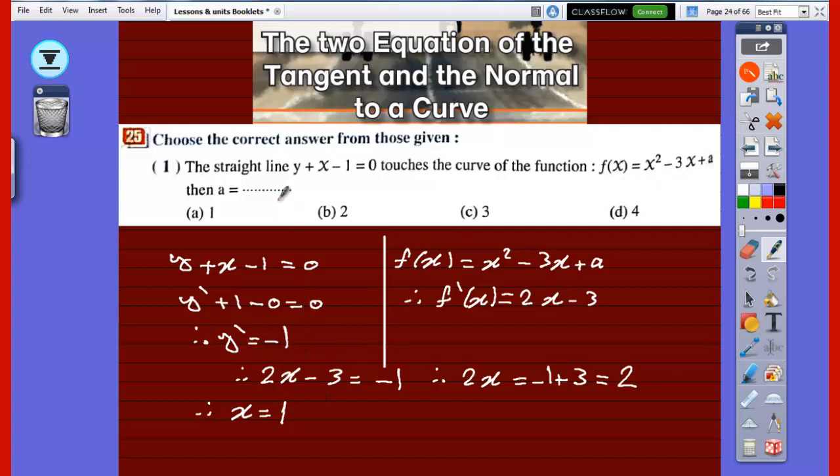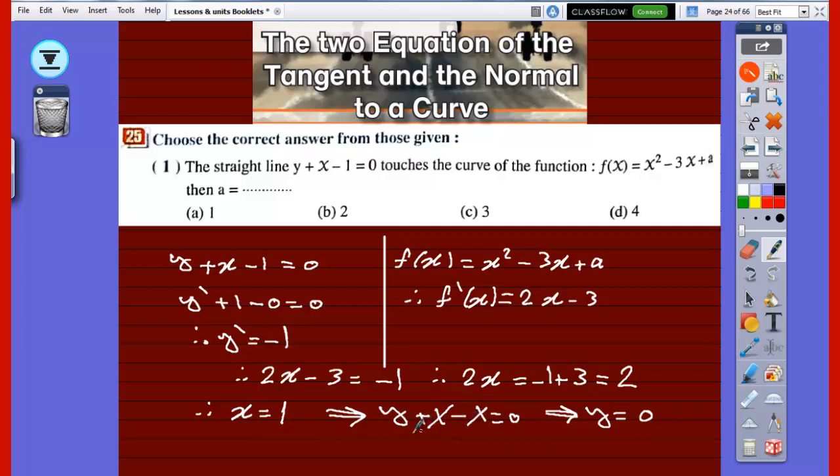Now we determine the y coordinate, substituting in the equation of the straight line. So we have y plus 1 minus 1 equals 0. Then we get the y coordinate of the point of tangency equals 0, as 1 minus 1 equals 0.